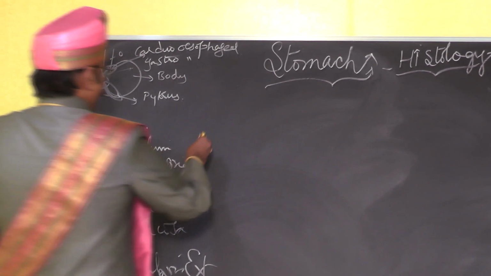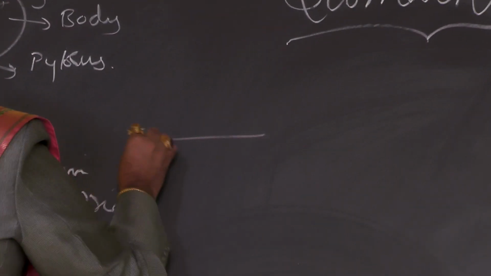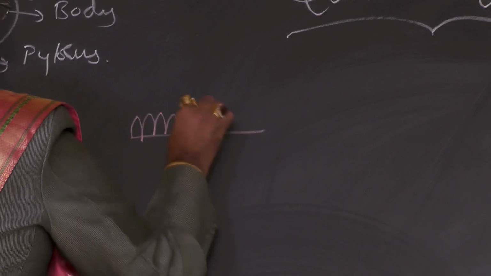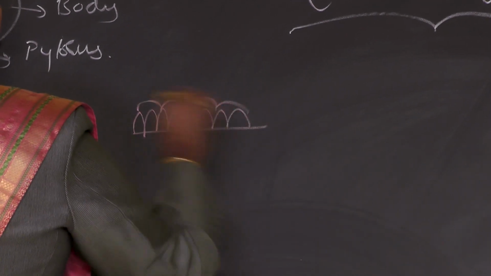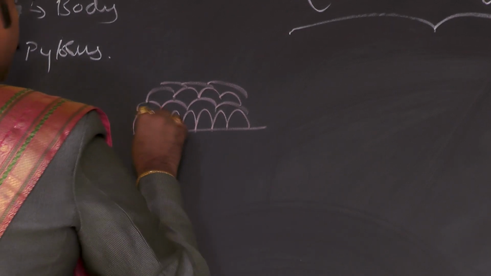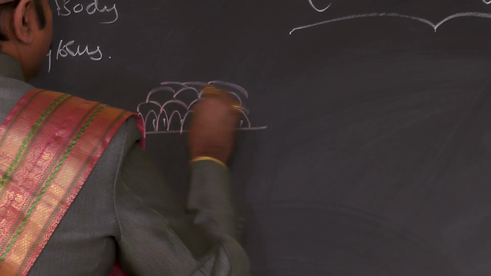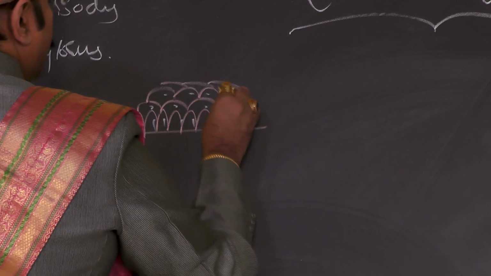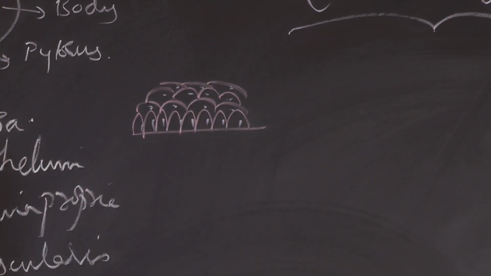Now please see, here we are starting from the esophagus, and the esophagus we know is lined by stratified squamous non-keratinized epithelium. This portion is what I am trying to draw.